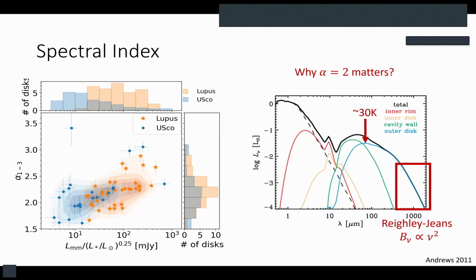In this range, we only have the emission of the outer disk, and the outer disk has a temperature of around 30 Kelvin, which peaks here. So we are actually in the Rayleigh-Jeans regime here, which means the intensity scales with frequency squared. So a spectral index of 2 just means that they are blackbodies here.